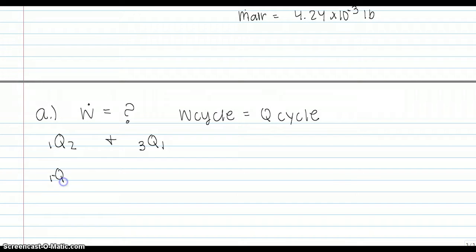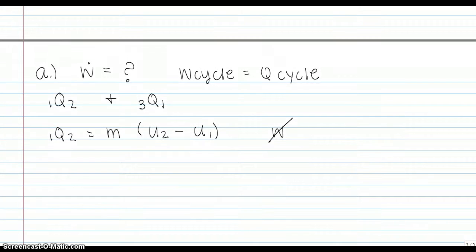Q from 1 to 2 is equal to m times U2 minus U1, since there's no work from state 1 to state 2.